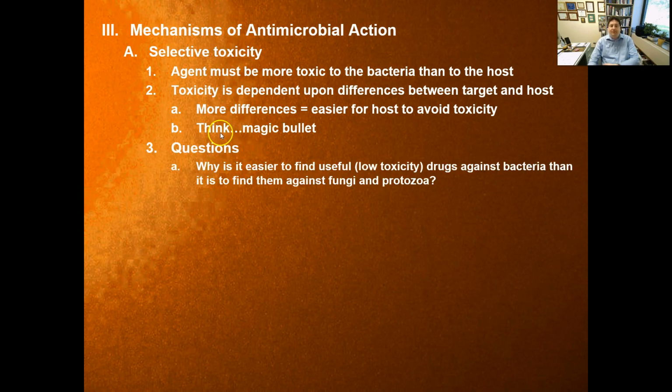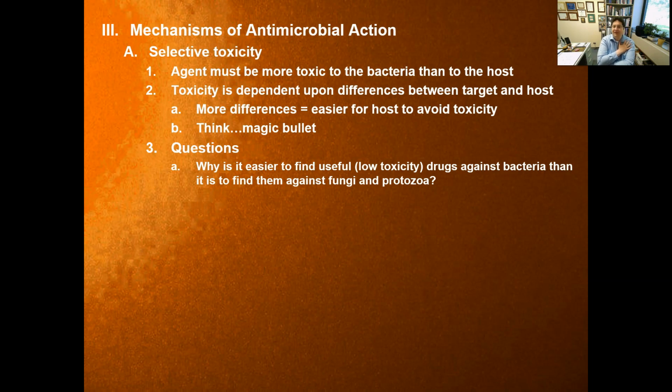So, for example, here's a question. Why is it easier to find useful, in other words, low toxicity drugs against bacteria than it is to find them against fungi and protozoans? Any thoughts? Well, let's think about it. Remember, bacteria are prokaryotes. They're in their own domain. Fungi and protozoans and us are all eukaryotes.